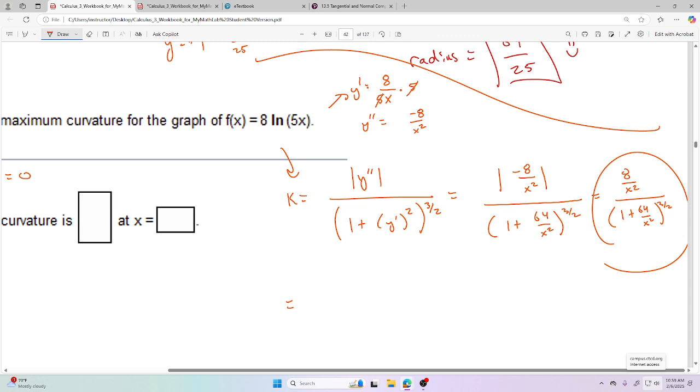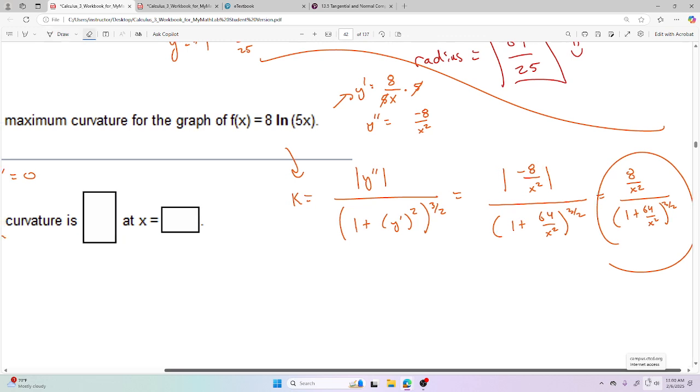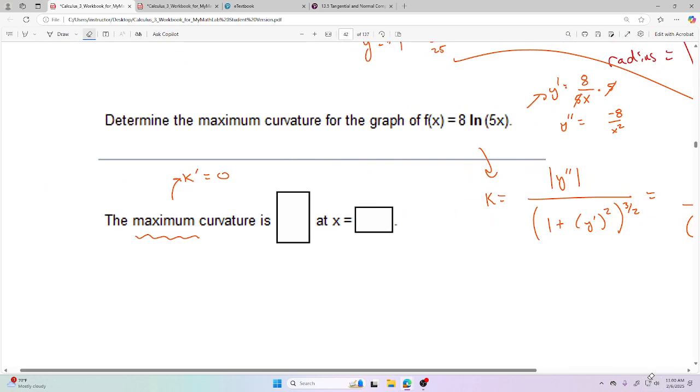Okay. So, to simplify this, I want to get a common denominator down here. And it's not great. In fact, I'm going to get a little bit more room on this side. So, here we go. Okay, so I had the 8 over x squared, and then I'm going to have a common denominator of x squared over here.